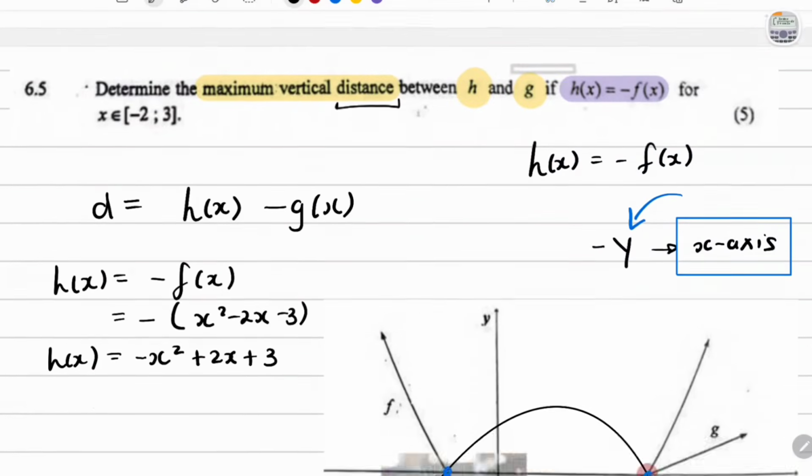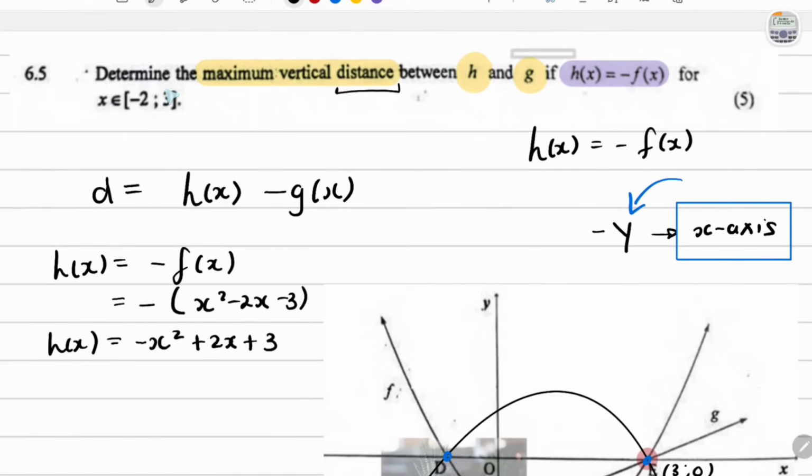So back to the question. Now that we have some things figured out, the question said determine the maximum vertical distance. We now understand you have to find the maximum vertical distance by subtracting h from g, since they said between h and g. We know what the graph of h looks like. We also have the graph of g already completed.